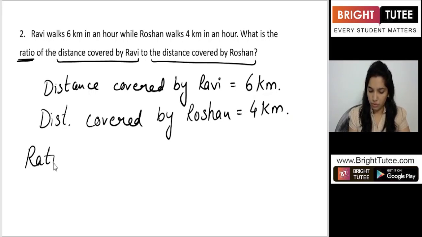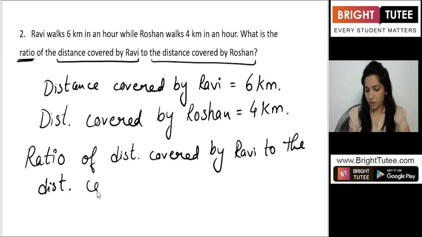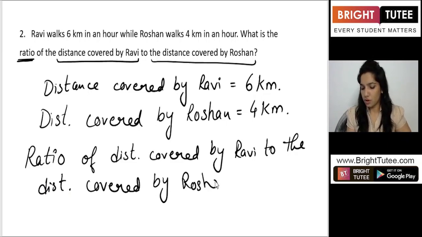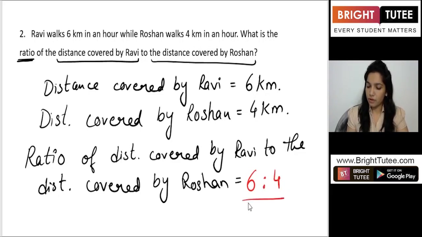Now the ratio of distance covered by Ravi to the distance covered by Roshan is equal to, what is the distance covered by Ravi? It is 6, right? So let us write it 6 is to 4. Don't you think it's really simple to solve these questions of ratios?